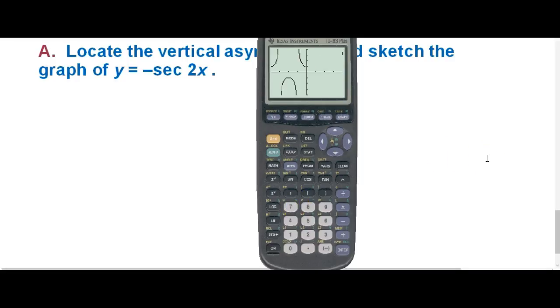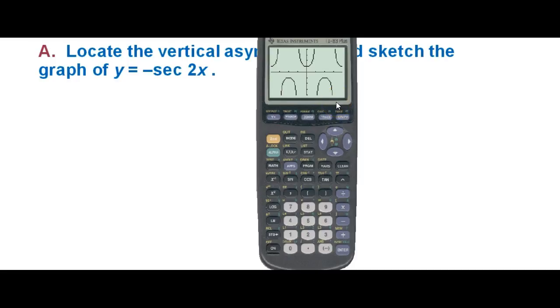Now you see it's kind of similar to tangent and cotangent in that it has a series of asymptotes, but now instead of going from positive infinity down to negative infinity or vice versa, each period is going to stay on its side of the x-axis. So it's sort of a series of parabola-like shapes.